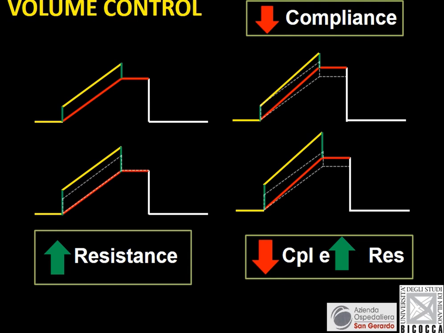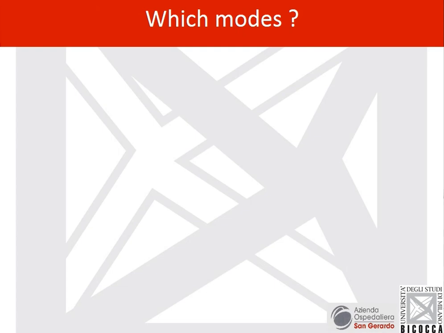It tells you some information, but it is crucial to dissect the resistive aspect and the elastic aspect of the peak inspiratory pressure by measuring peak and plateau. And I would suggest to use square flow at least to obtain this measurement if you then ventilate your patient by other modes, such as, for example, pressure control.